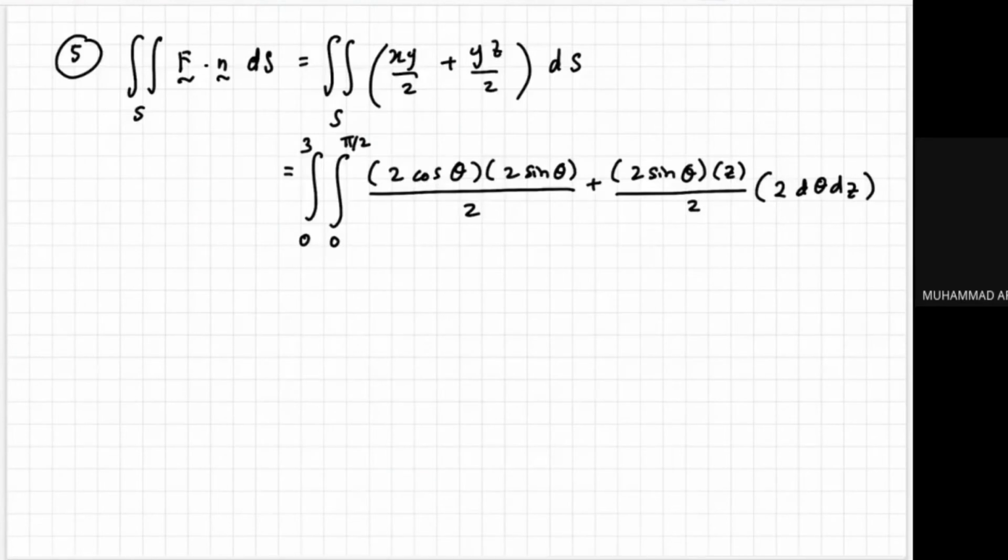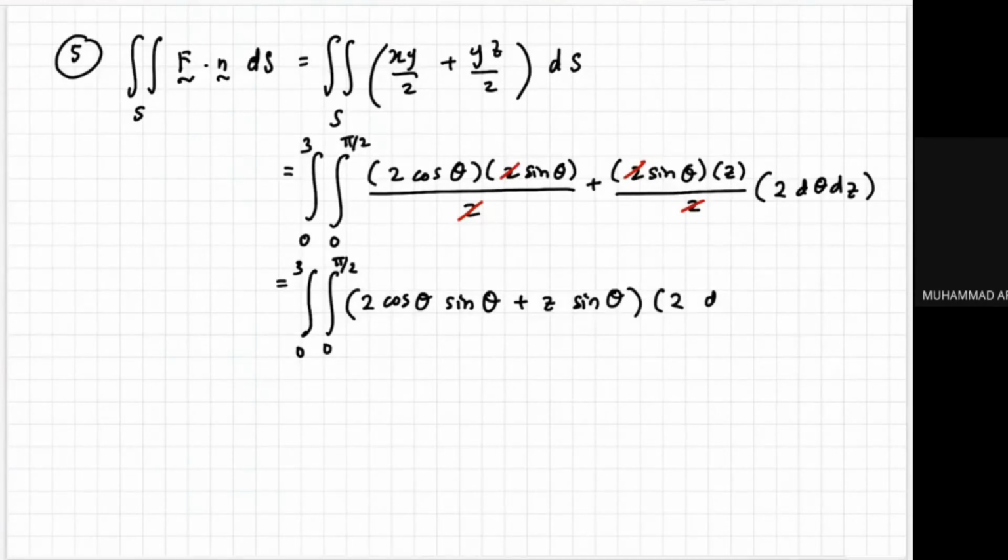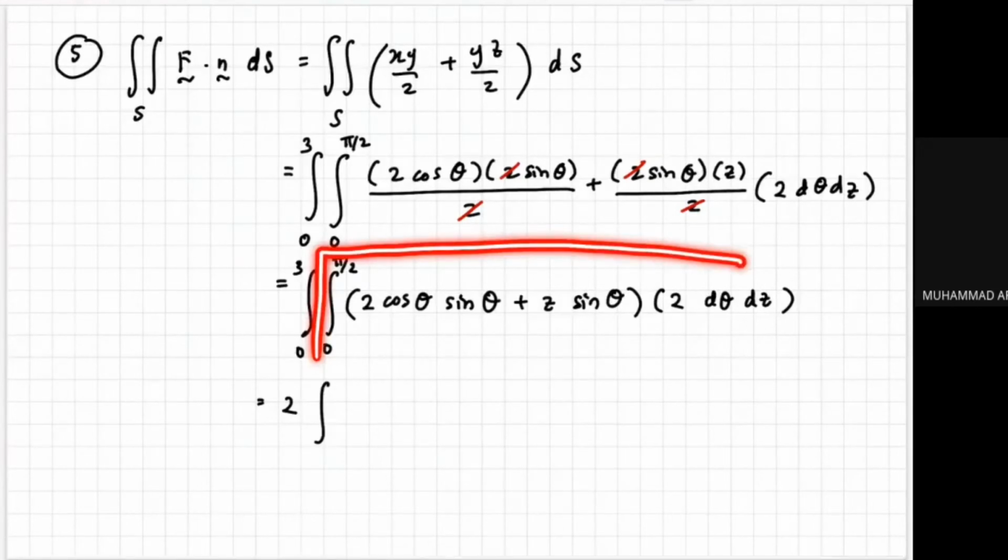Let's simplify this. You can eliminate the 2 and 2. You will get 2 cos theta sin theta plus z sin theta d theta dz. I want to put the 2 outside and solve the first integration, which involves this part with respect to theta.